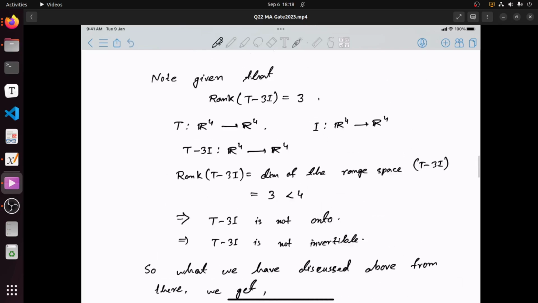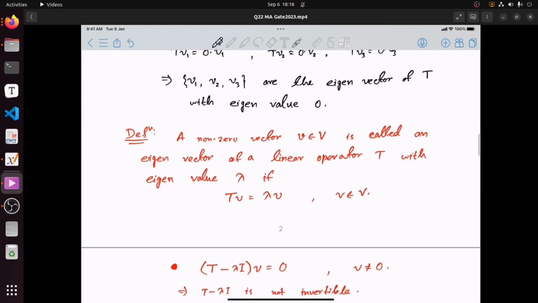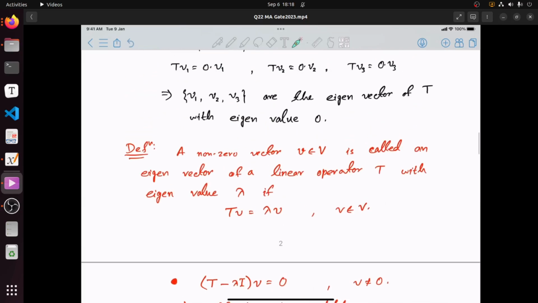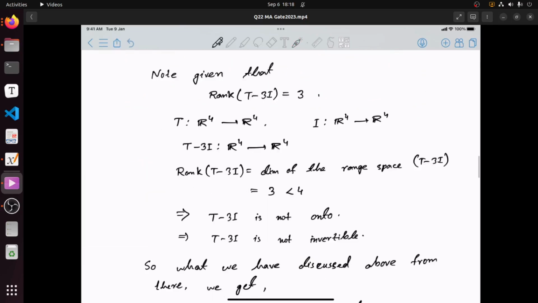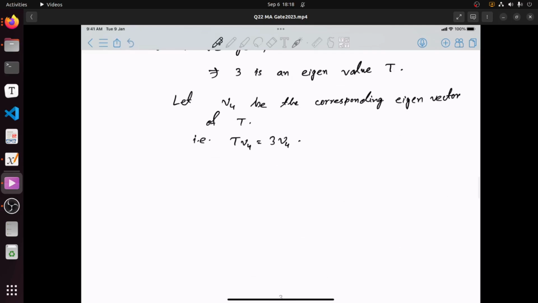And so corresponding to 0 we got 3 eigenvectors, V1, V2, V3. And corresponding to 3 we have this eigenvector V4, right? Because 3 is an eigenvalue, so it has an eigenvector, we have called it V4.